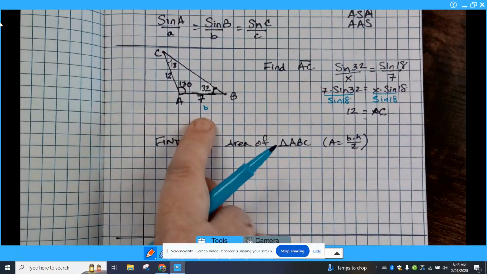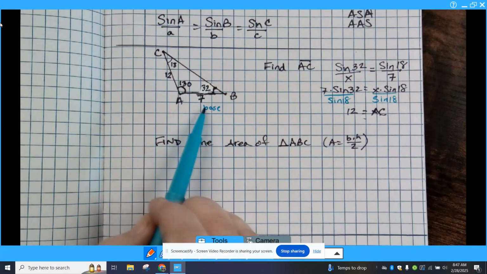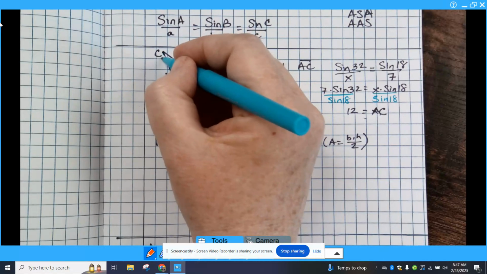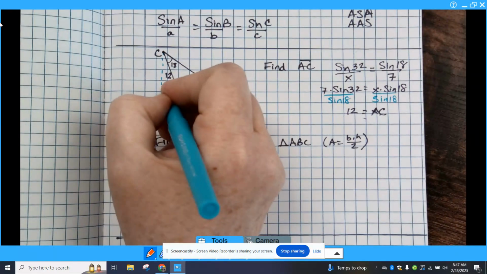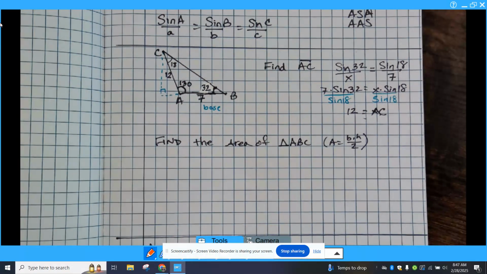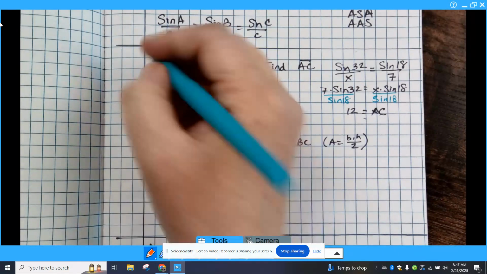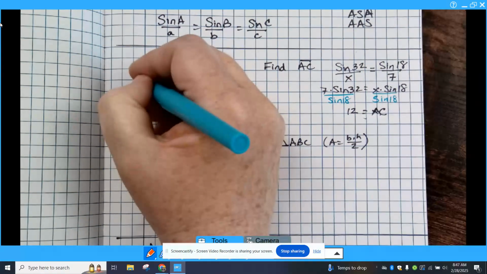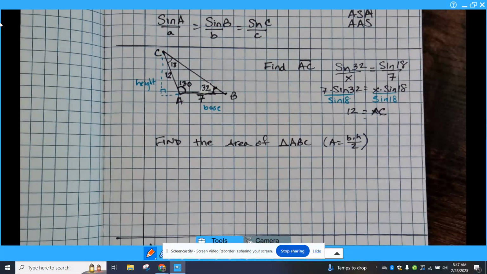The height, I'm going to use "base" so we don't confuse it with the B. Our height is actually from here, C, and it always has to go straight down and make a perpendicular angle with the base. We don't know this. So this would be our height of the triangle. Let's mark that with "height," not H because it'll look like hypotenuse.